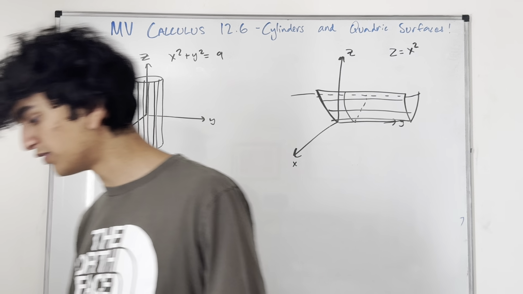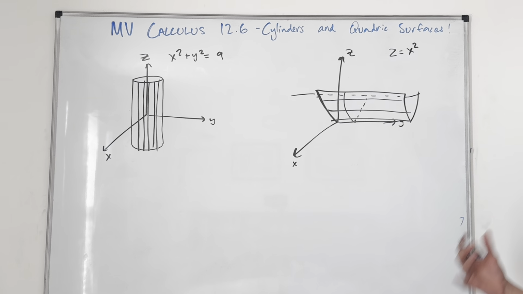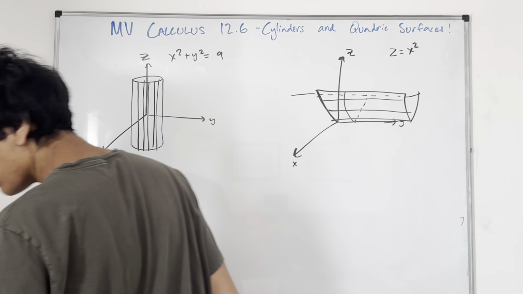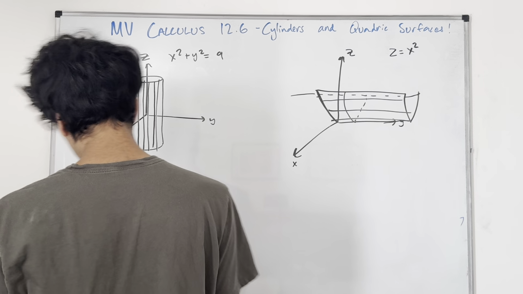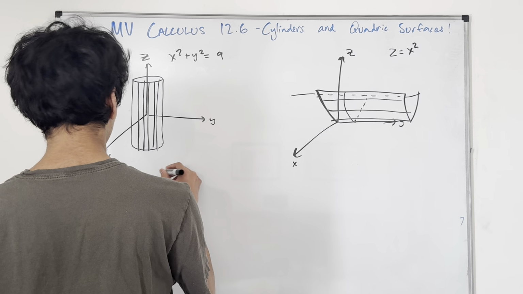So quadric surfaces are just the graph of an equation that follows a certain form. I don't know if it's worth writing this all down, but I might as well.